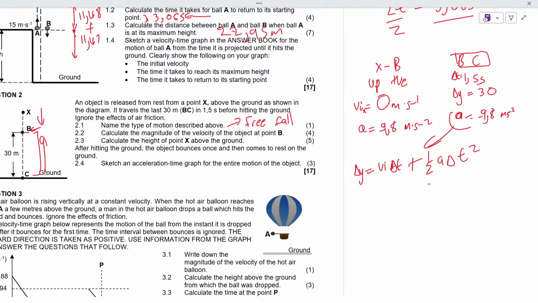Then we substitute. If up is positive, the distance covered going down is negative.